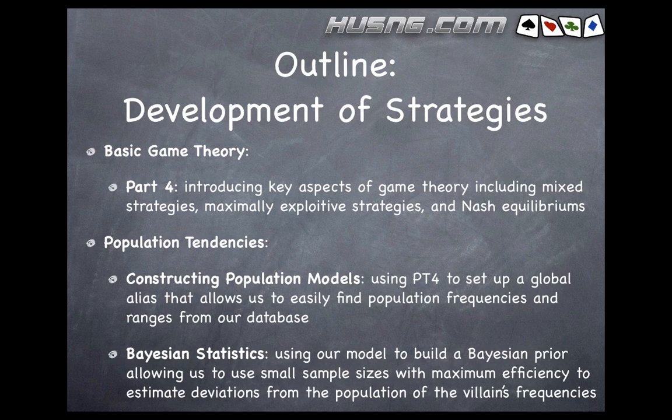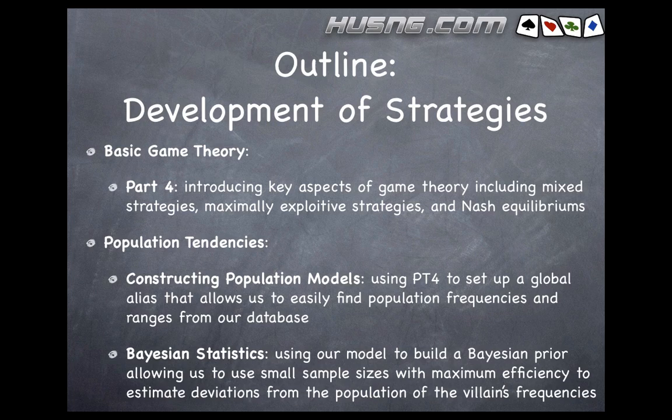So what we're going to do is use our model of the population to build a Bayesian prior. We're going to put a statistical distribution on the population tendencies. This will allow us to use small sample sizes with maximum efficiency to estimate deviations of our villain's frequencies from the population.